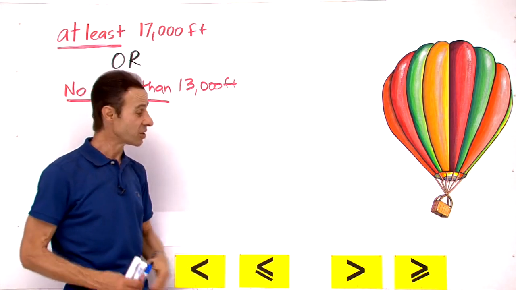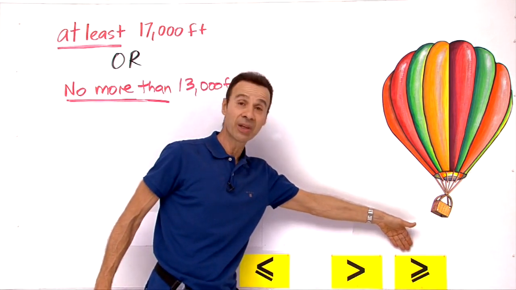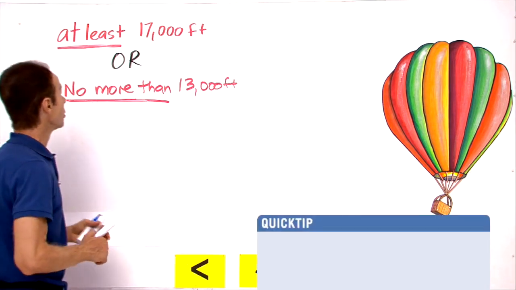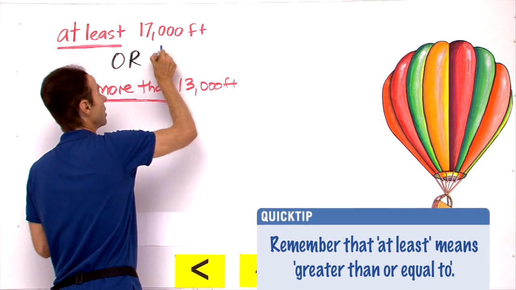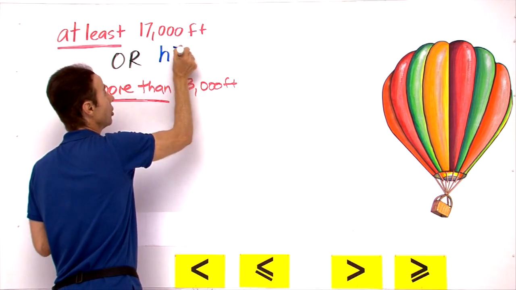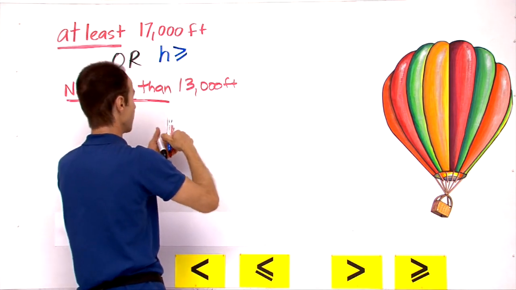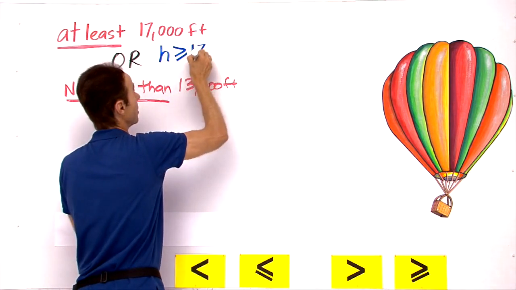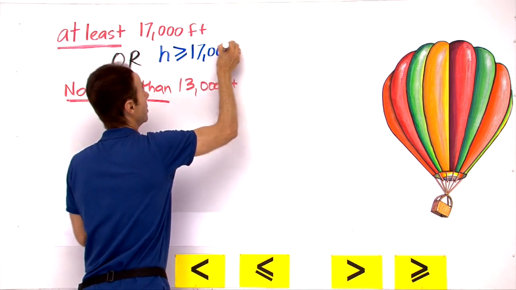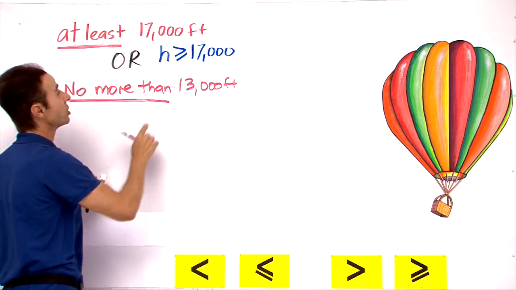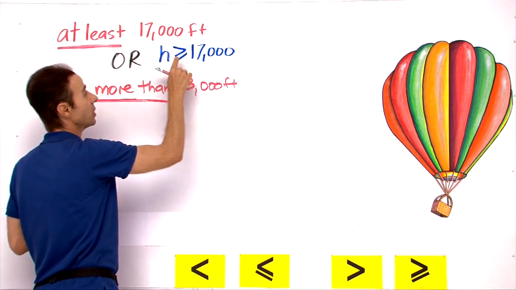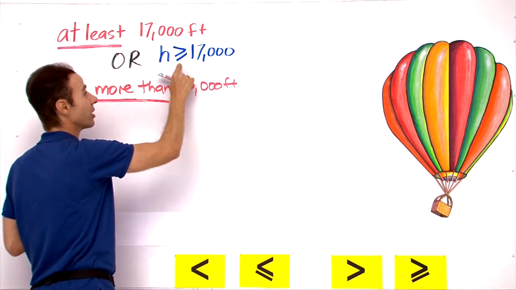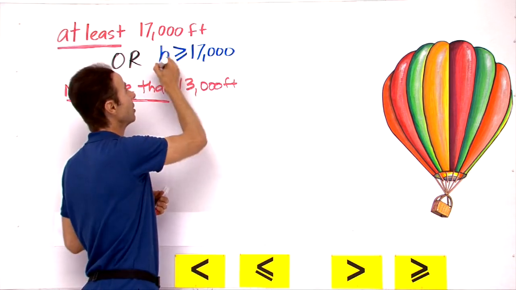So at least clearly is going to be this one here, the greater than or equal to symbol. So let me use a variable here. So this we can say is h is greater than or equal to 17,000 feet. So at least also means greater than or equal to. So altitude, h, should be at least or greater than or equal to 17,000 feet.